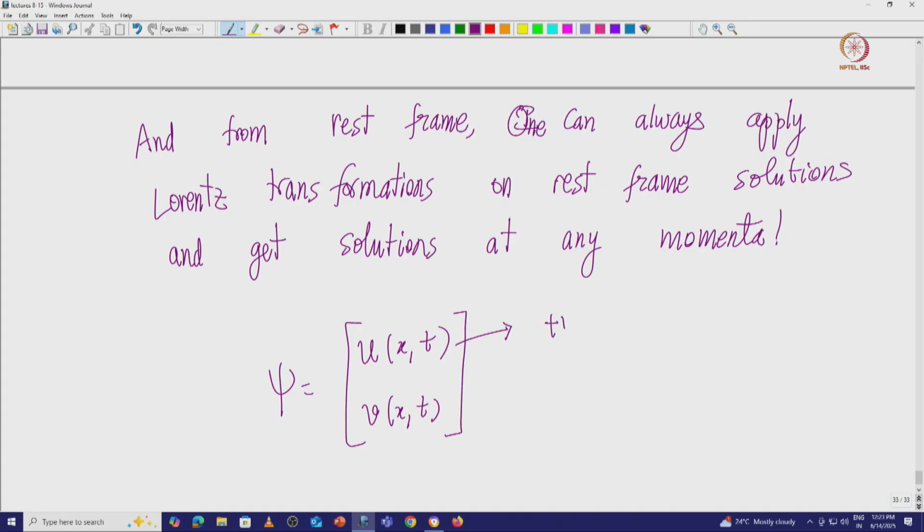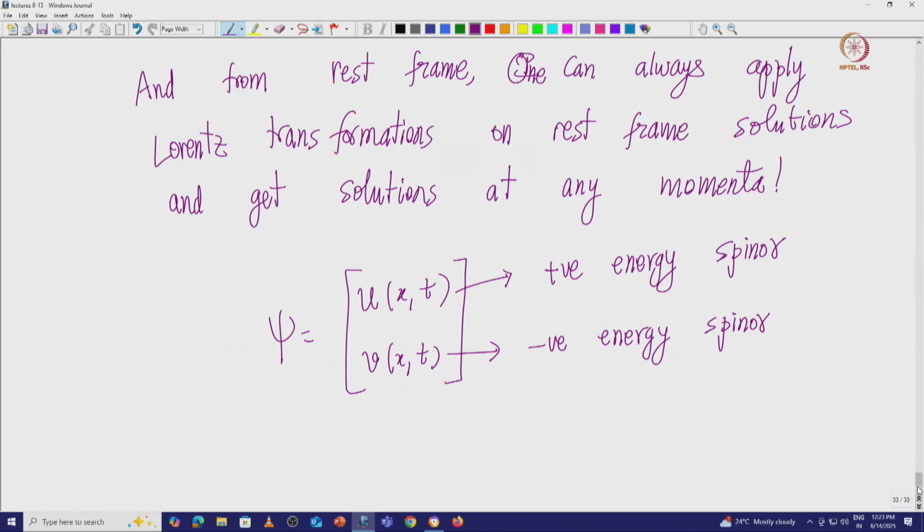This is the positive energy spinor, this is the negative energy spinor. I said spinors are essentially vectors in vector spaces spanned by gamma matrices. So this is what I said essentially.